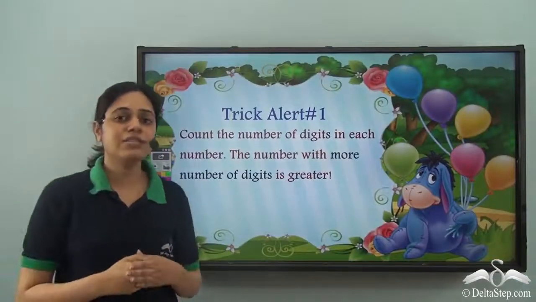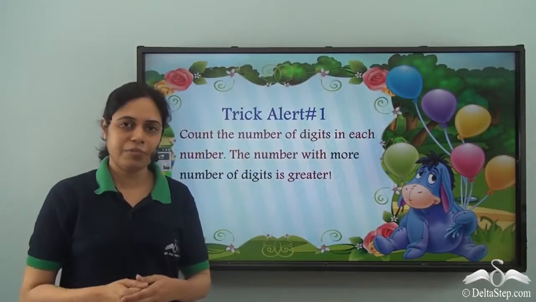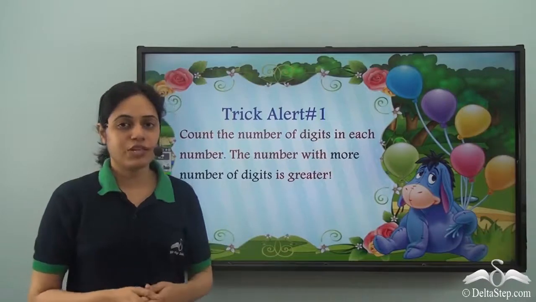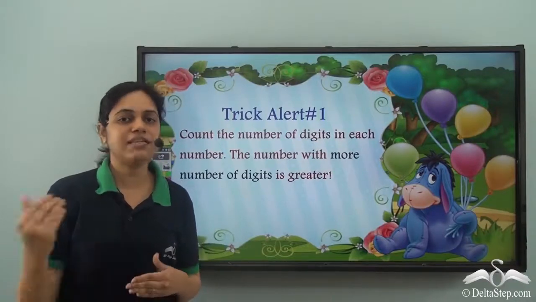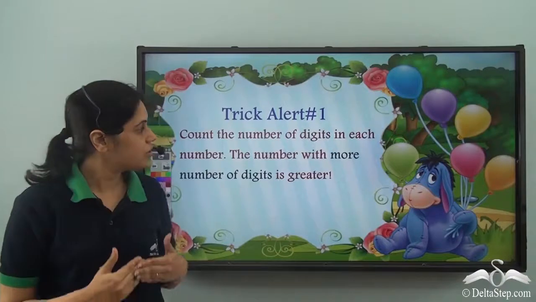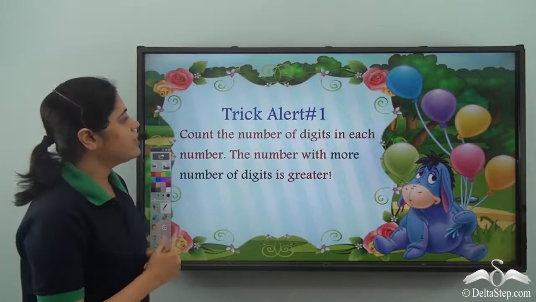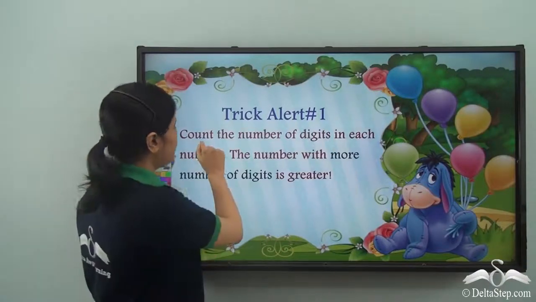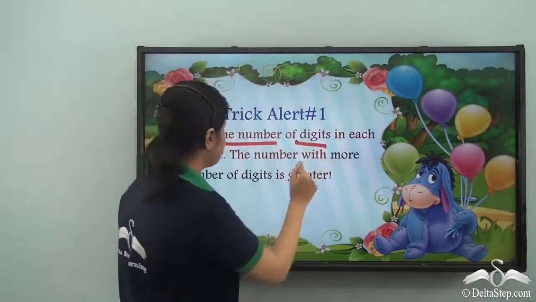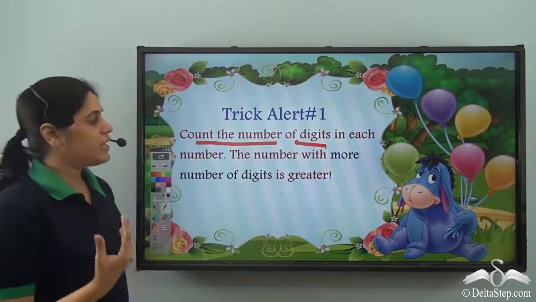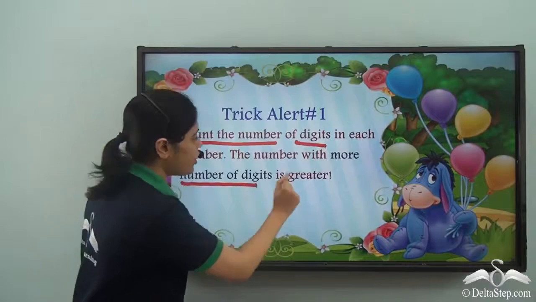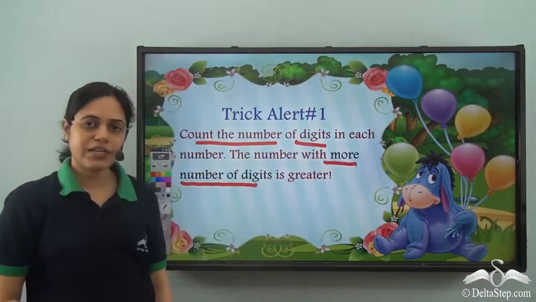Now we had learned certain tricks for comparing numbers. We can use these tricks in arranging the numbers in ascending and descending orders. Let us see what the tricks are. The first trick is that we need to count the number of digits in each number. The number with more digits is greater.